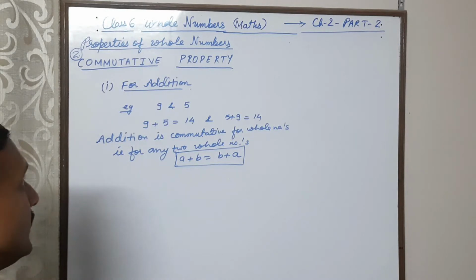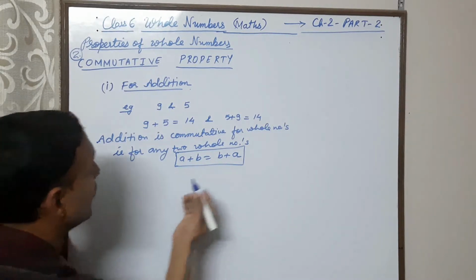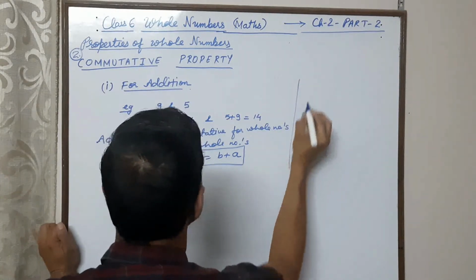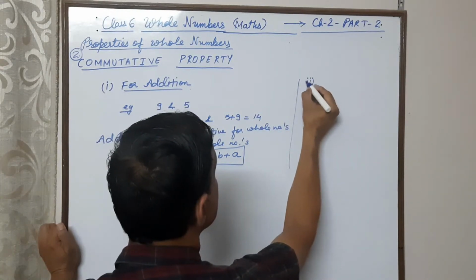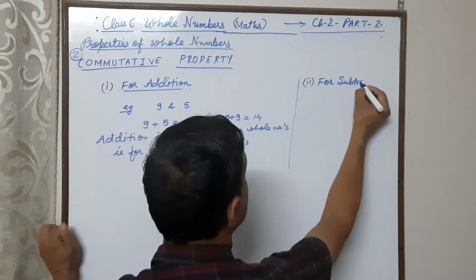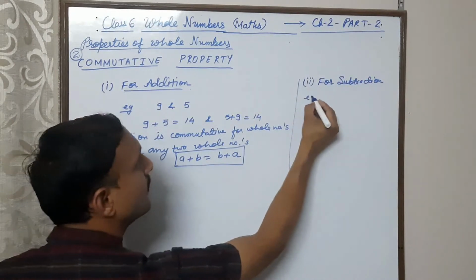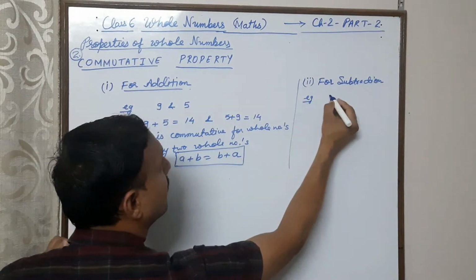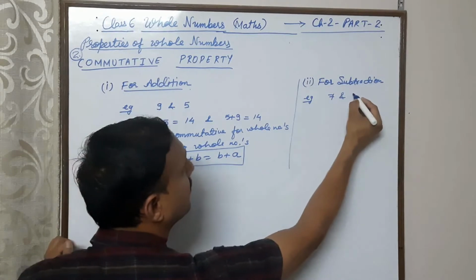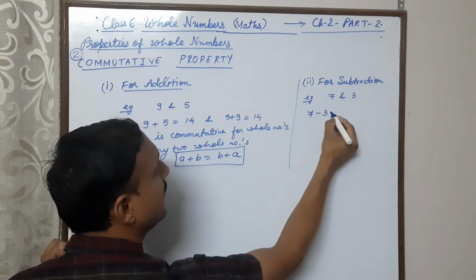Now let us check whether subtraction holds or not. The second one we will take is subtraction. Again let us take one example, 7 and 3. Now let us subtract 7 and 3. 7 minus 3 equals 4.